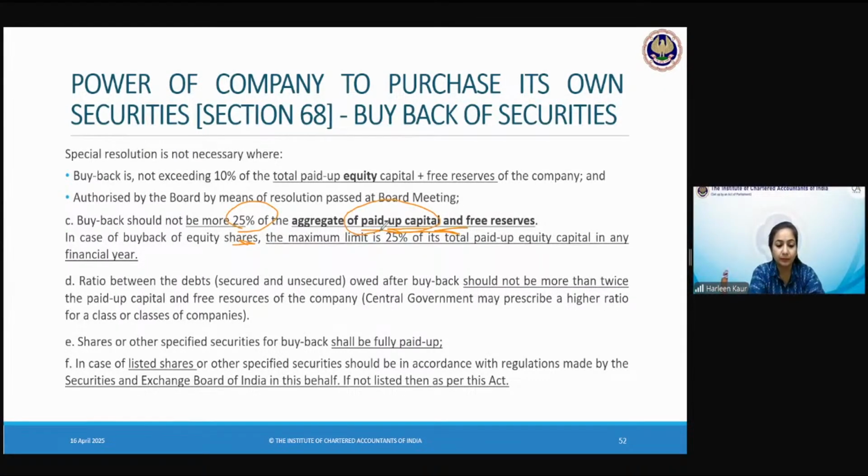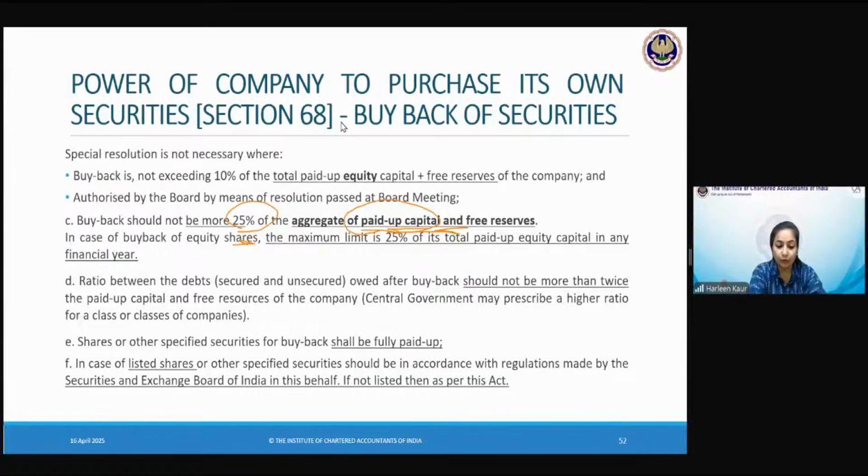Yes, ma'am, it will include equity and preference share capital because it is the aggregate of the paid up share capital.